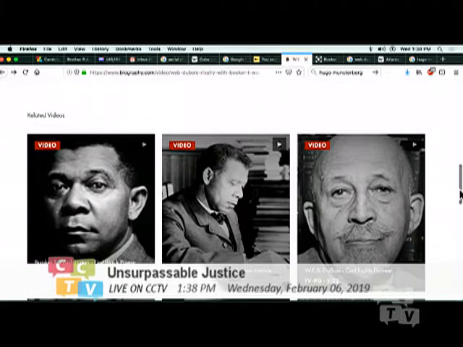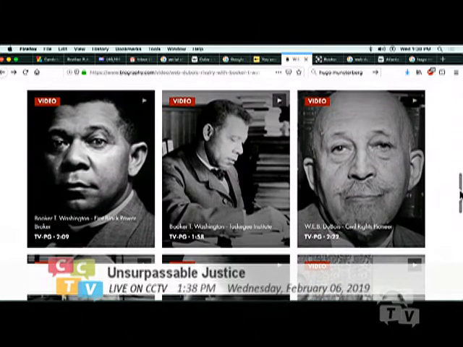Du Bois, this man here, he talked about the talented 10th, and this man here, this is Booker T. Washington, and he was the president of Fisk, but he believed in submitting to the ways of the white man.